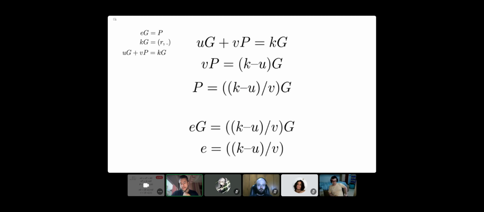So it means that the signer has to fix K to be able to produce U and V, which is valid according to this equation, but also valid according to this equation here. There are a lot of things that have to work together. Yes.